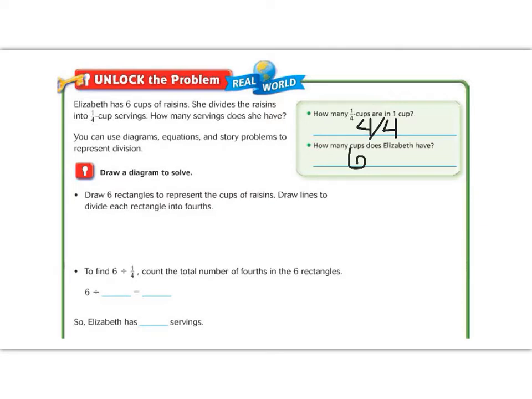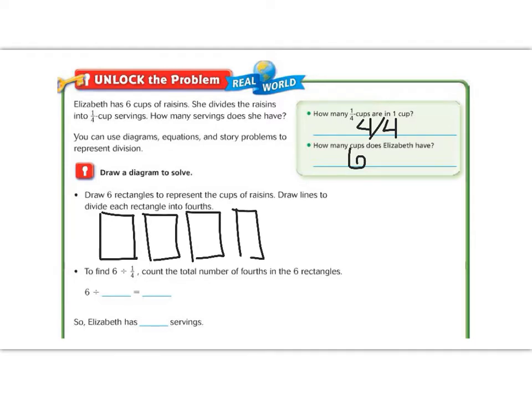Step 1 says let's use a diagram to solve. So let's draw her 6 cups. So 1, 2, 3, 4, 5, 6. Now we're going to be dividing by 1/4, so we're going to split each rectangle into 4.